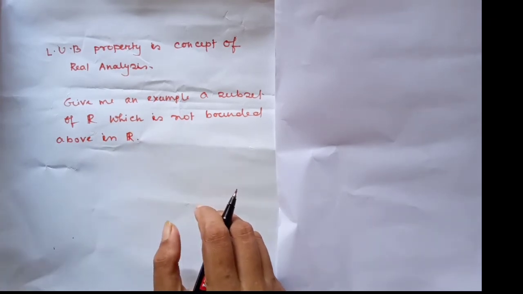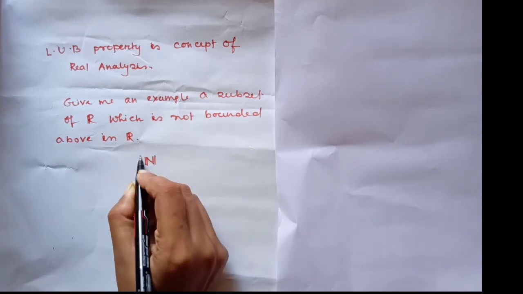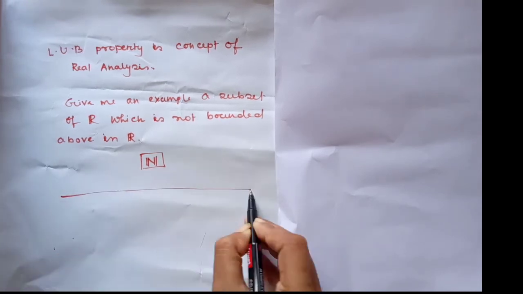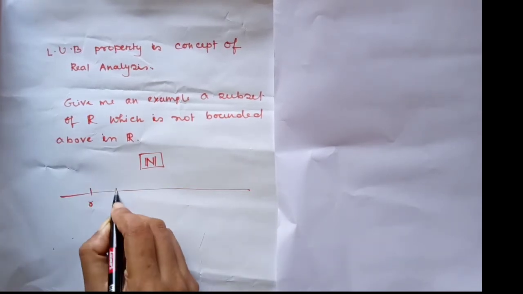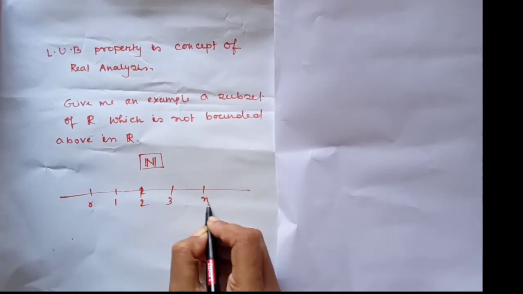What is this? This is the natural numbers. Why? Let's draw the real line. 0, 1, 2, 3. This is N.